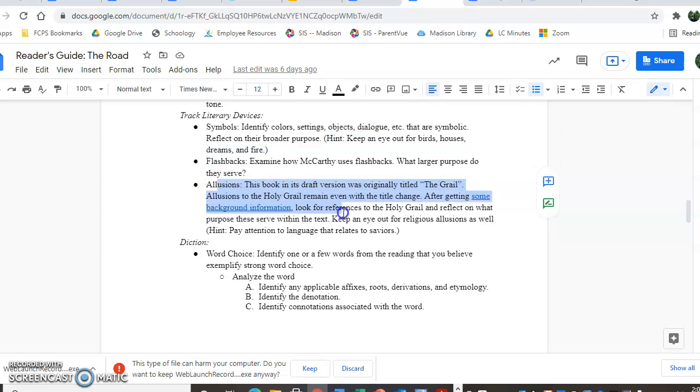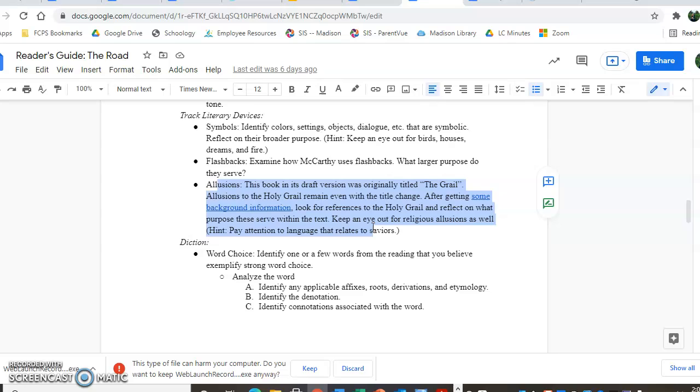And allusions, we'll talk about more in depth when we're within this unit, but allusions are just references to other things. In this particular book, you have biblical allusions, so references to saviors, even though this is not a religious book. So it's a good thing to ask, why does this imagery come up? Why does this language come up?